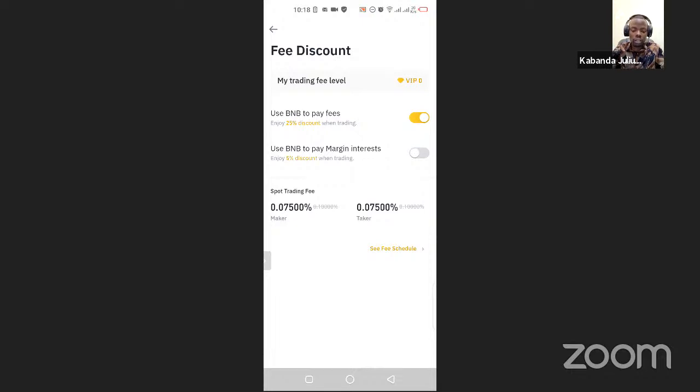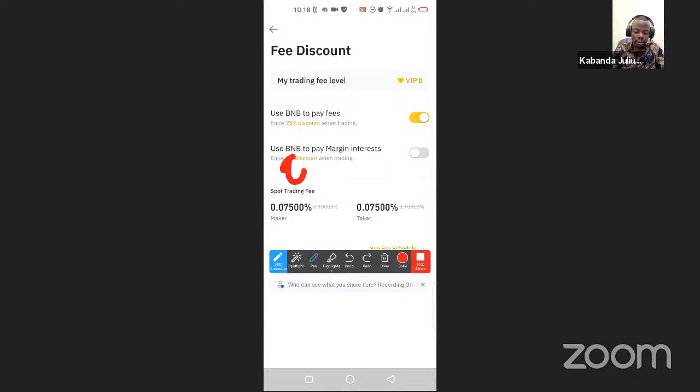You see, when you switch it on, you are reducing maker fee and taker fee from 0.1 to 0.075. So it looks little, but you realize it in profit. So I would encourage everyone to go to their Binance and tap on the avatar on top and reduce their gas fees.